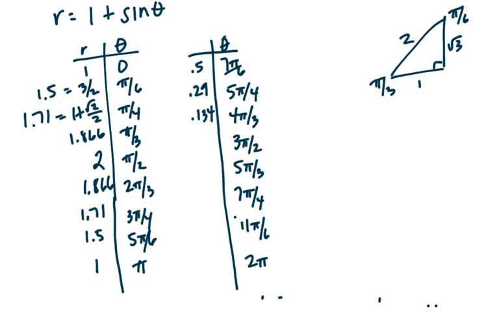And the sine of 3 pi over 2 is negative 1, and 1 plus negative 1 is 0. Oh, that's why I'm saying minus, because it's 1 plus a negative. This will be 0.134. This will be 0.29. This will be 0.5. And then we're back at 1.